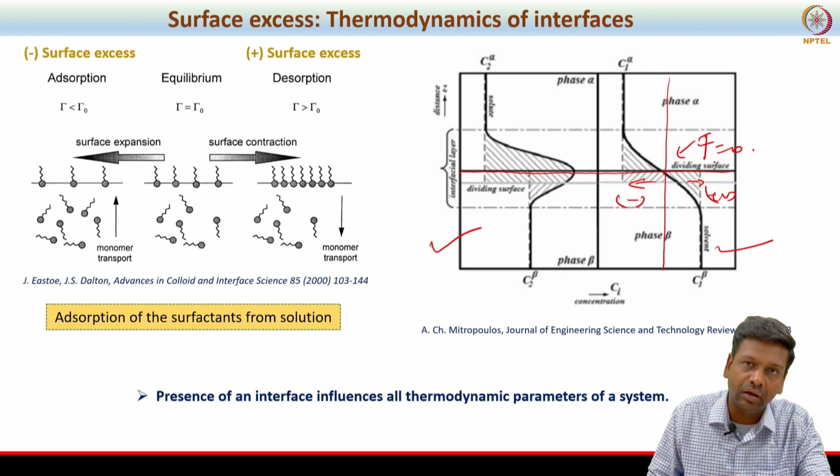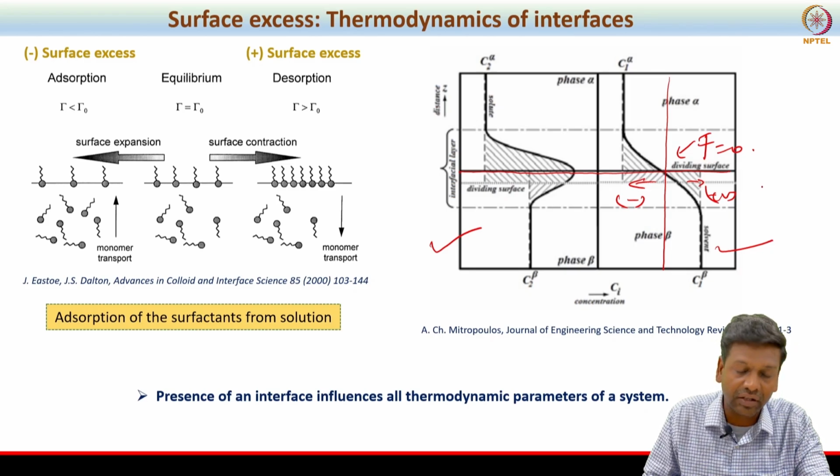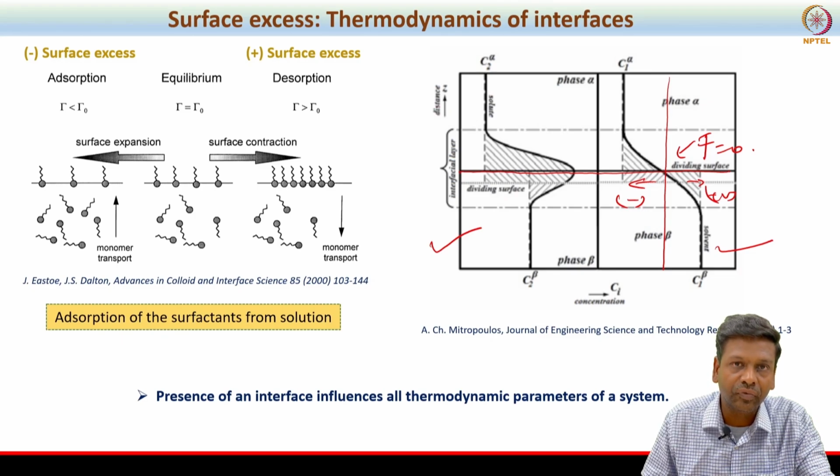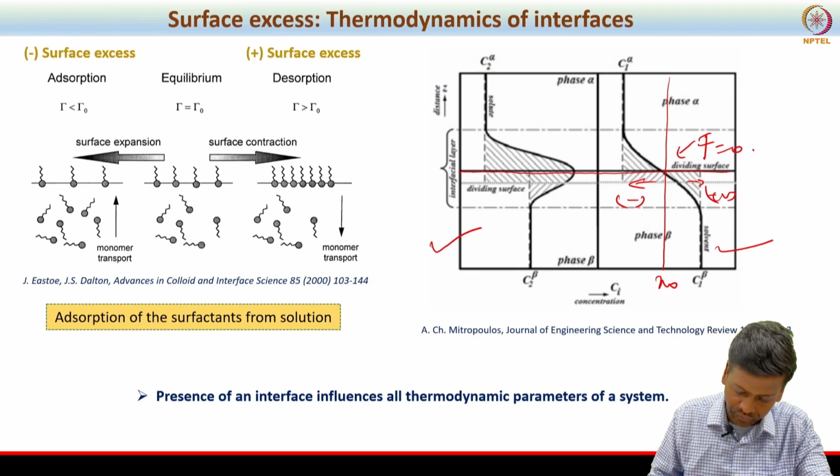Whenever you deal with a binary mixture, it is easy for us to ignore one of the components. For the solvent, when you use this as a dividing plane, the surface excess for the solvent is 0. Based on that, you can calculate the surface excess for the solute. That is the idea. This is all about the Gibbs dividing plane.